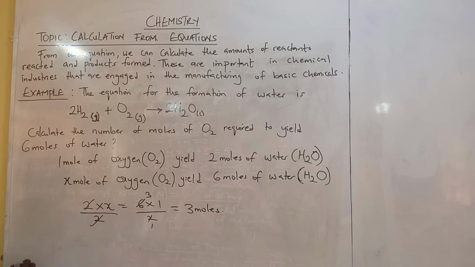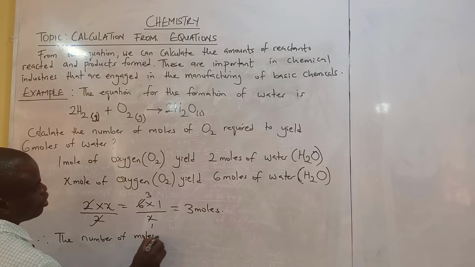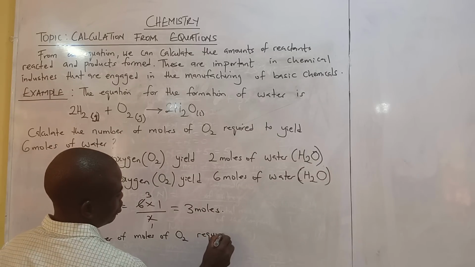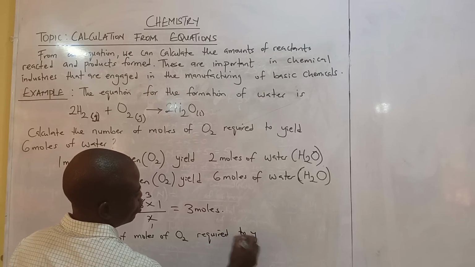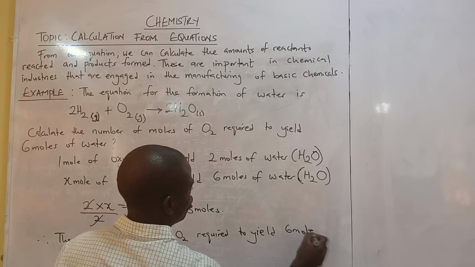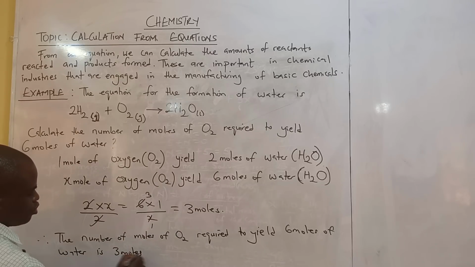So therefore, the number of moles of oxygen required to yield 6 moles of water is 3 moles.